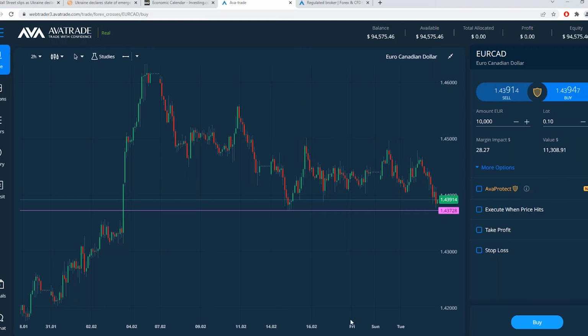So we see this sitting on a support level here. We see support, back up, support, back up. So one thing you could do is have pending orders. If the euro finds a way to bounce up, you could have pending orders up here at a price that you like, ready to sell from a higher price.